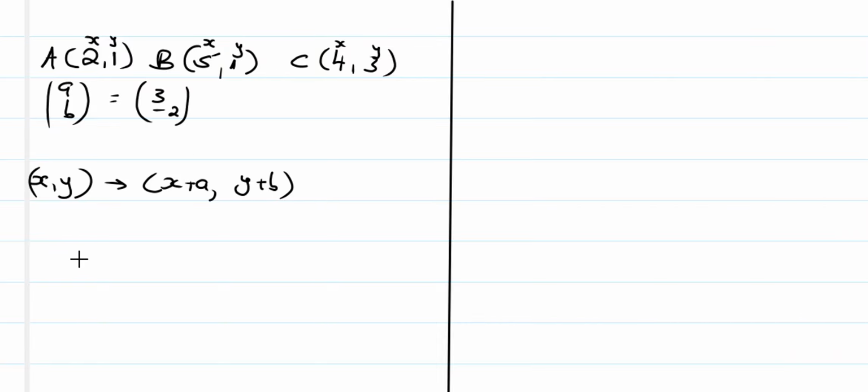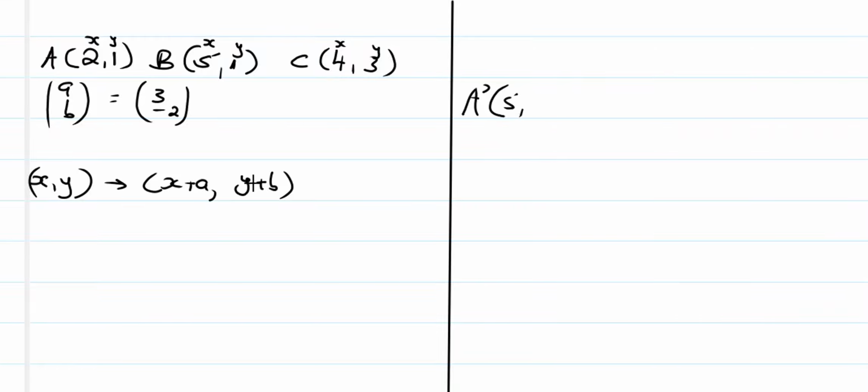So from there now we can start calculating the translated coordinates. We can start with the translated x, where we have x plus a. So we come to point A, where we have 2, because it's the value for x, then 2 plus 3, because in our case a is 3. So 2 plus 3 is 5.